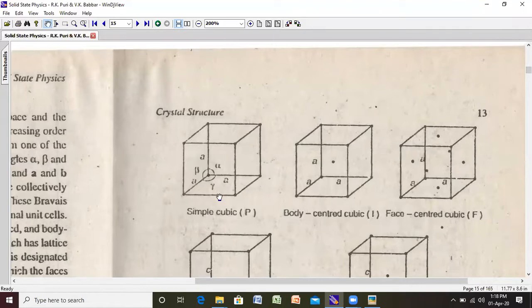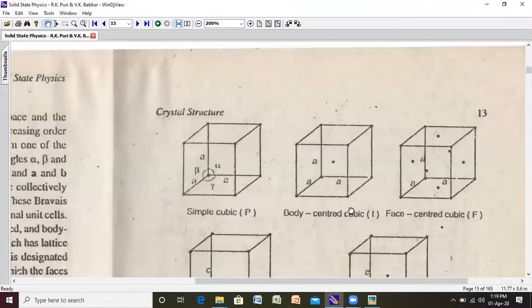So again, all sides are equal, and all angles are 90 degrees, just like in general cubic, but the lattice points are only at the corners of each cube. Such a type of cubic Bravais lattice is called simple cubic.